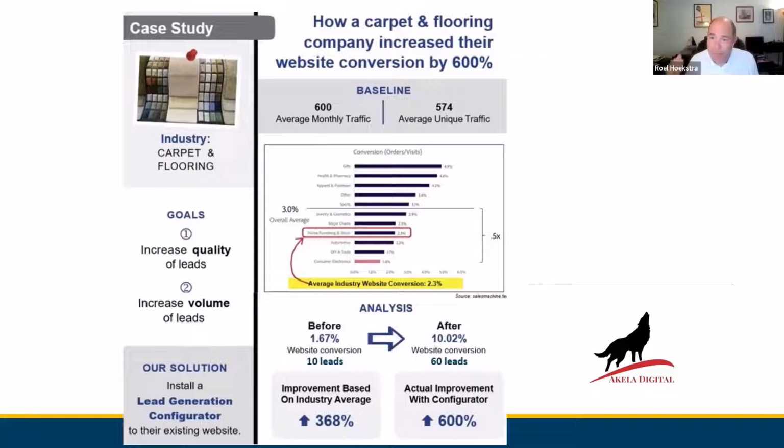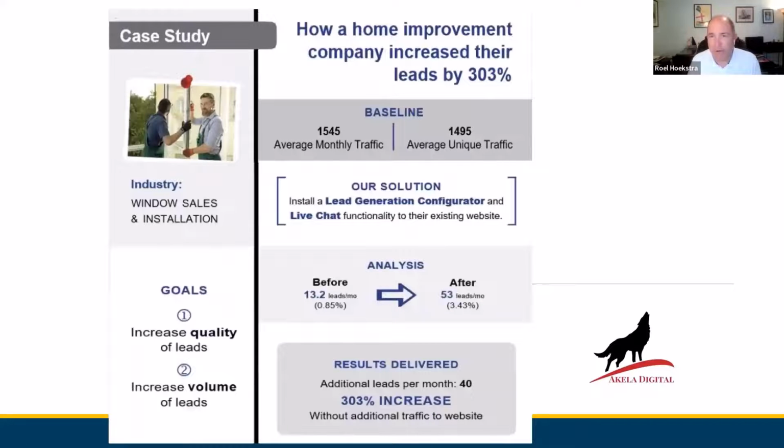And when you are converting at double the industry average, you are going to be killing it in your local market. It's going to make advertising so much easier, to drive more traffic when you get good conversions.